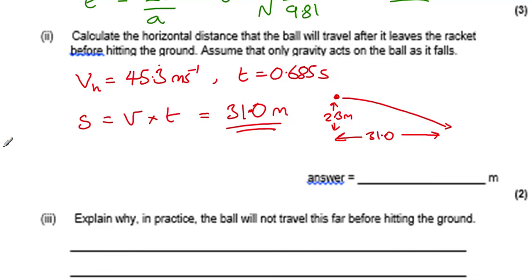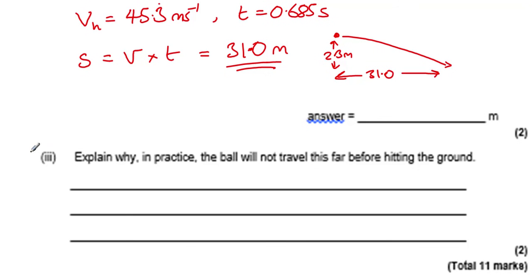Now, they've then said, why wouldn't the ball actually travel the whole 31 meters? Well, it's a tennis ball. It's quite big. It's fairly lightweight. Its surface area compared to its mass is pretty big. So it's going to be affected by air resistance.